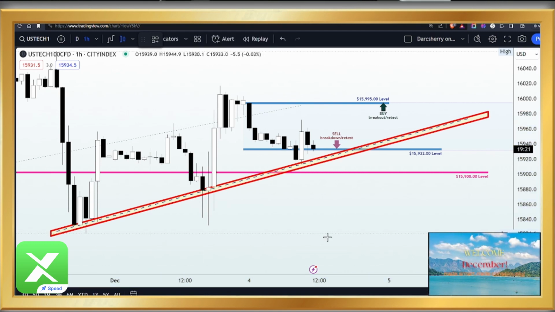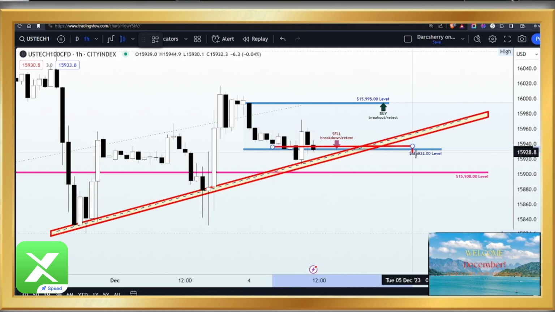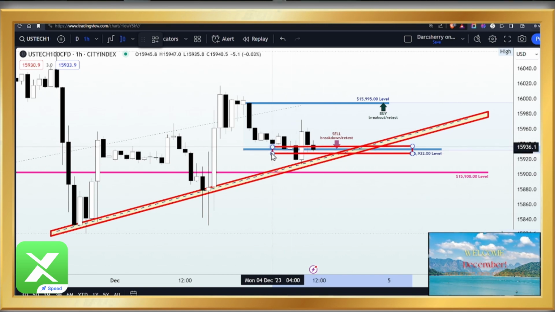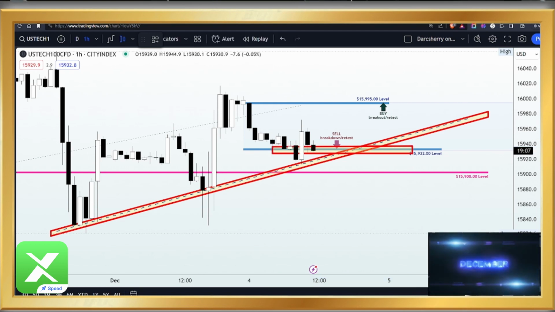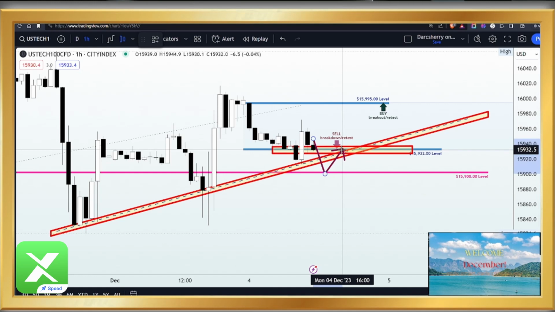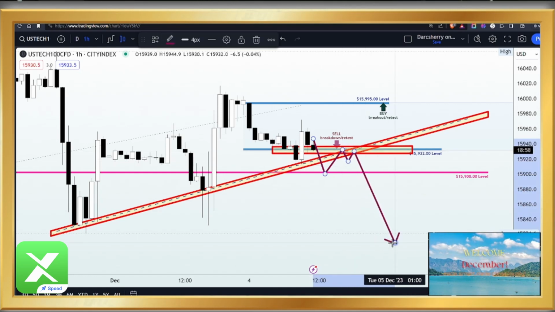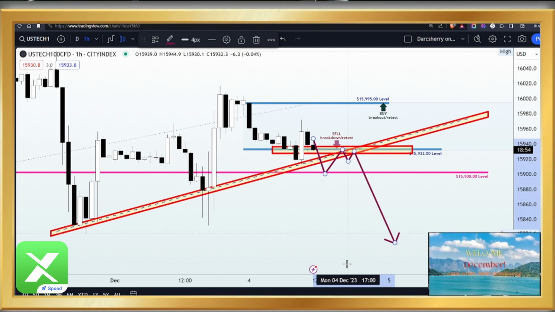Now, if it breaks down the ascending trend line, which interestingly shares a beautiful confluence with the support line of that range at the 15,932 level, we might be looking out for a selling opportunity only after the retest of the structure happens, which will confirm that sellers may truly want to be dictating the pace for today's trading session. So this is my view here on selling the USTEC 100 today.